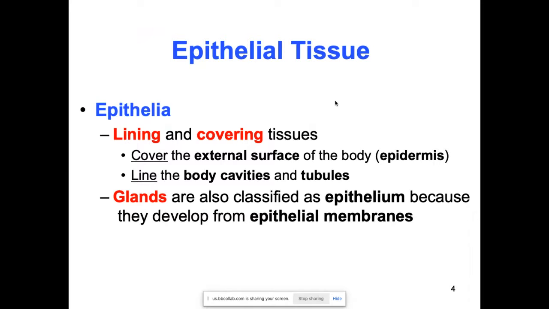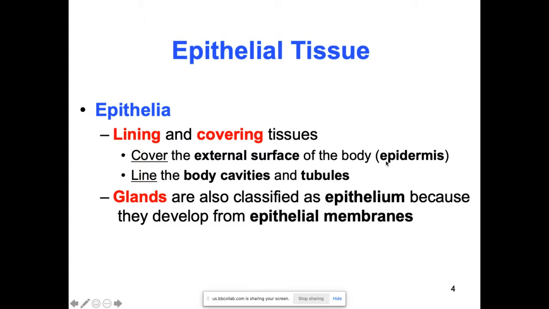So epithelium is also going to line any surface that's going to come into contact with the external world. When we think of a surface that comes into contact with the external world, one of the first places you should think of is the skin, right? The external layer of the skin is called the epidermis.